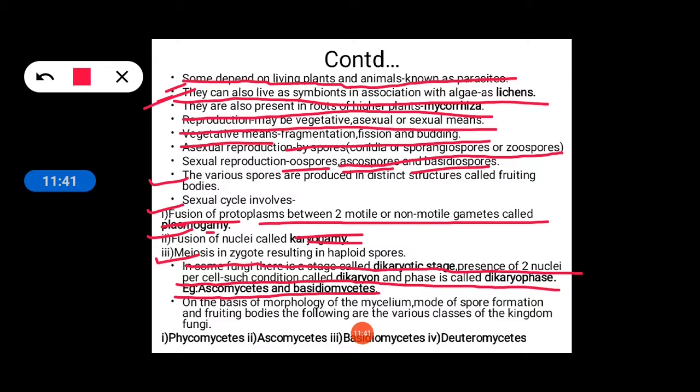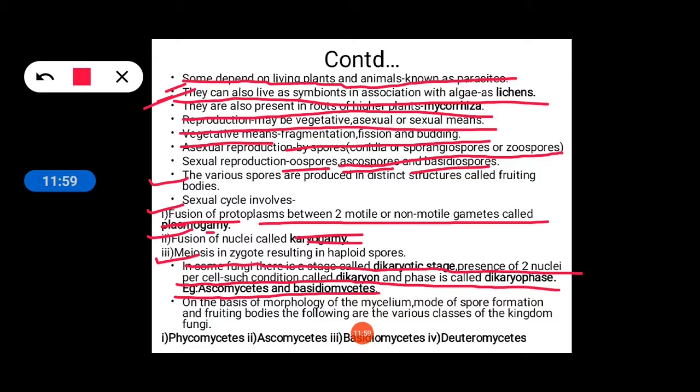Examples of such fungi where the dikaryotic stage is found are Ascomycetes and Basidiomycetes.